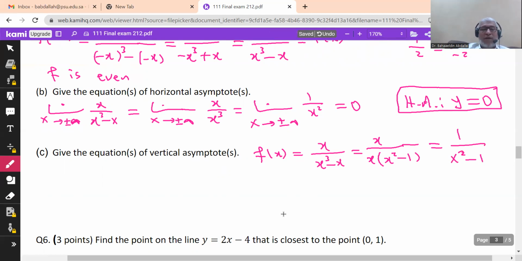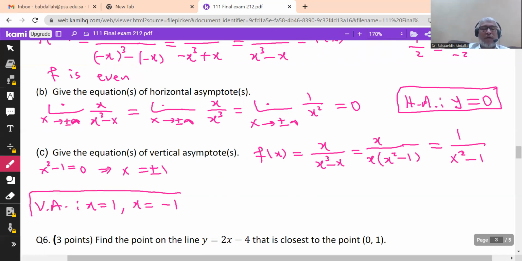So x squared minus 1, the zeros of the denominator would be 1 or -1. So the vertical asymptotes are x equals 1 and x equals -1 and there are two vertical asymptotes.